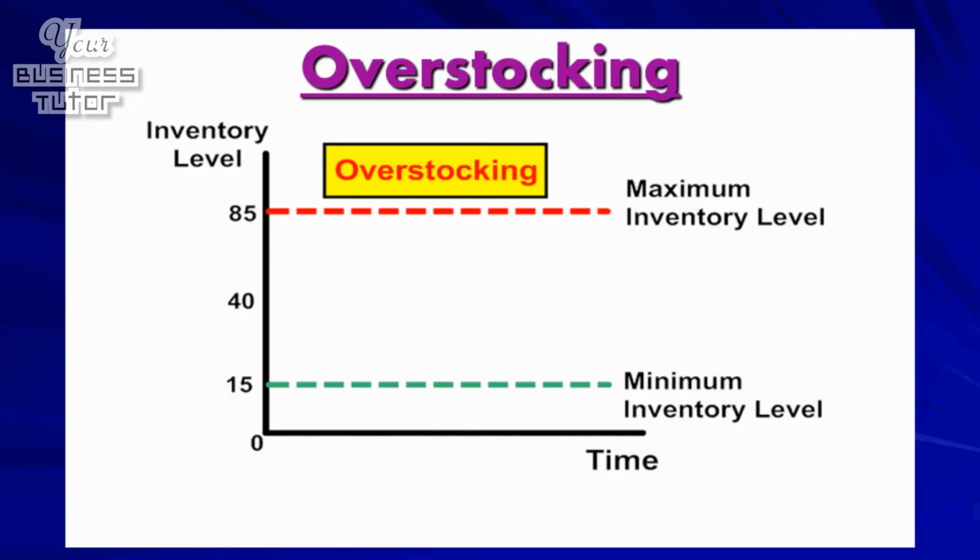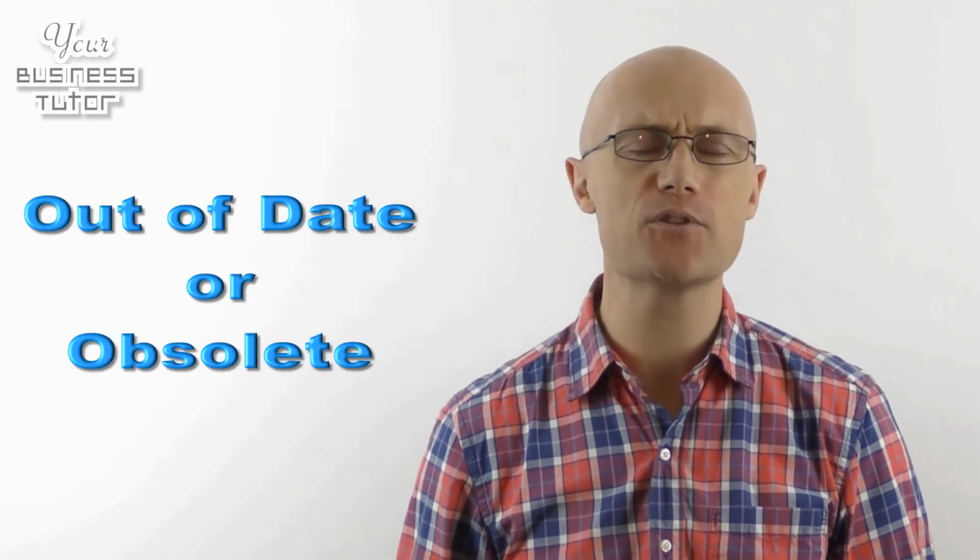For example, as the diagram shows, holding too much inventory above the maximum level, referred to as overstocking, has a number of major costs. First, inventory can go out of date or become obsolete, meaning it can't be sold or has to be severely discounted.